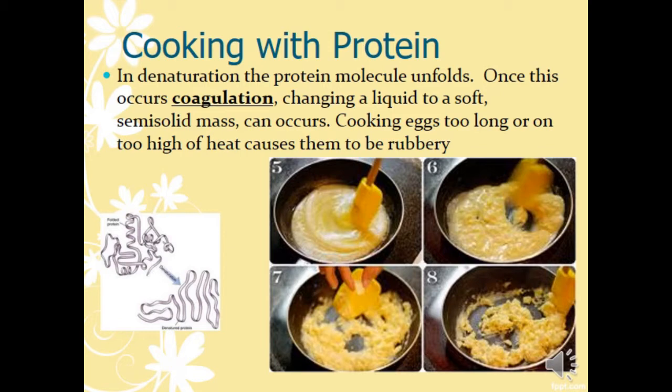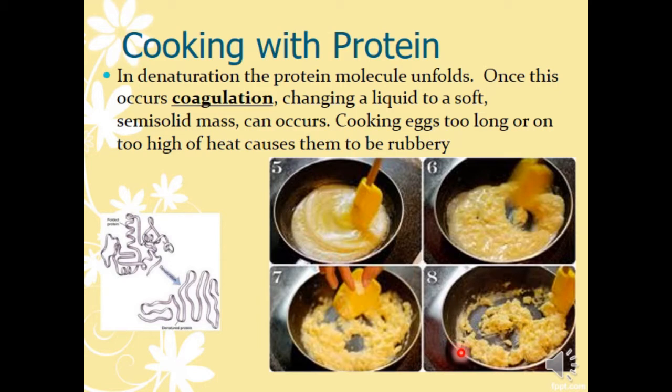For example, when you cook an egg, initially the egg is in liquid form, and once you apply heat, the physical property of the egg will change and it becomes solid. So that is loss of function, from liquid to solid.